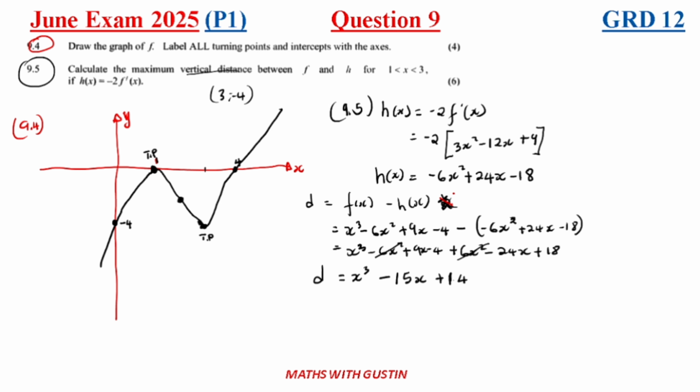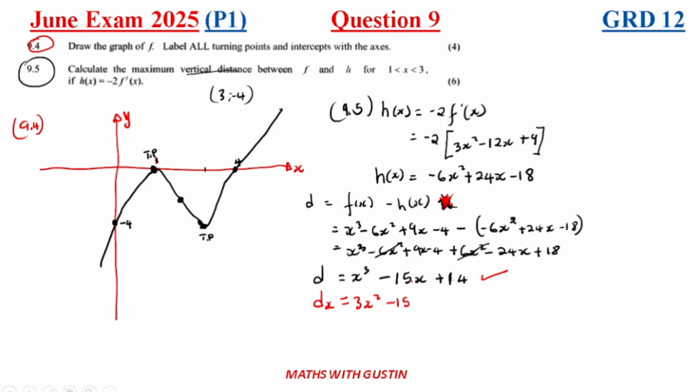After doing this part, minusing the two functions, you find the new function, which is the difference between the two functions. However, in order for us to find the actual vertical distance, you must find the derivative and equate it to 0, which is going to be dy/dx equals 3x squared minus 15.